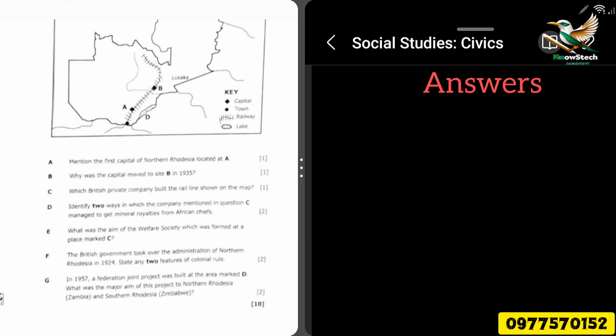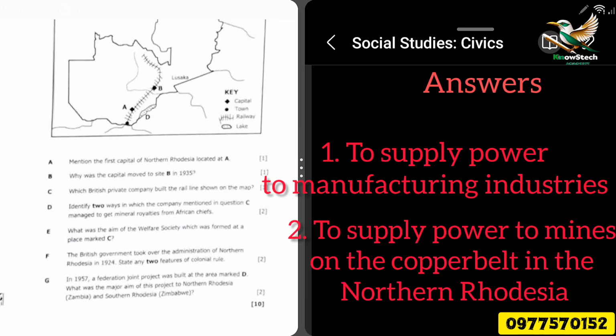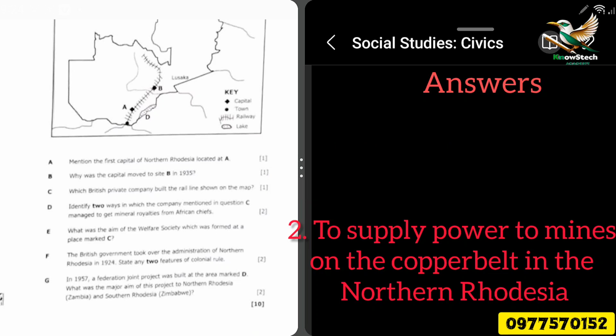The main aim of the project was to supply power to manufacturing industries. The other one is that this HEP, hydroelectric power supply, was to supply power to mines on the Copperbelt of Northern Rhodesia.